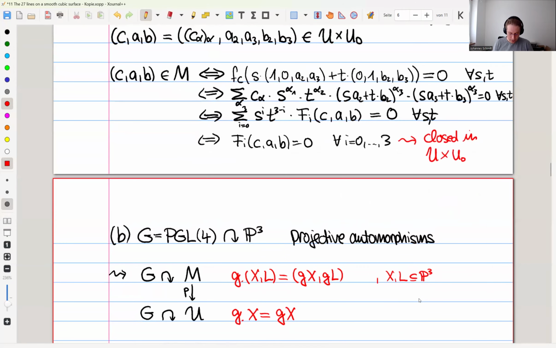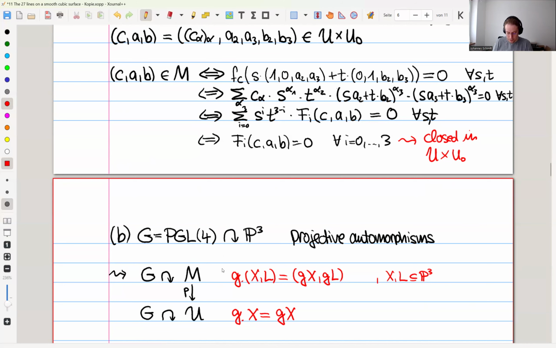And then this action actually induces an action both on M and on U, because if you have such a pair of a cubic surface in P3 and a line in P3, such that L is contained in X, then you can act by such an element of this PGL4 just by moving both the surface and the line lying on it.